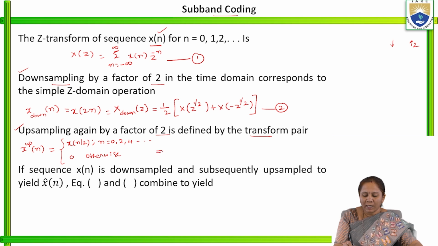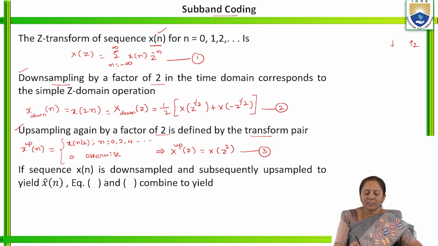If we apply the Z transform to this upsampler, it can be represented as x up of Z equals x of Z square. Consider this as equation number 3.